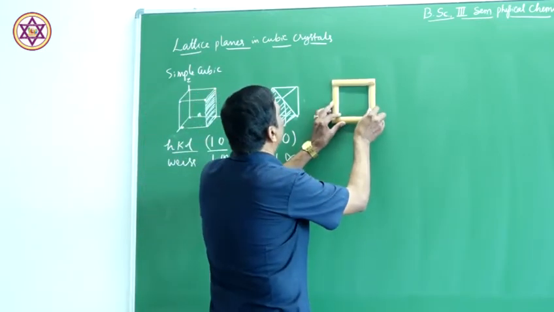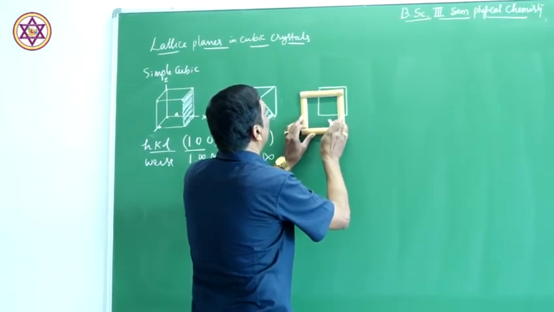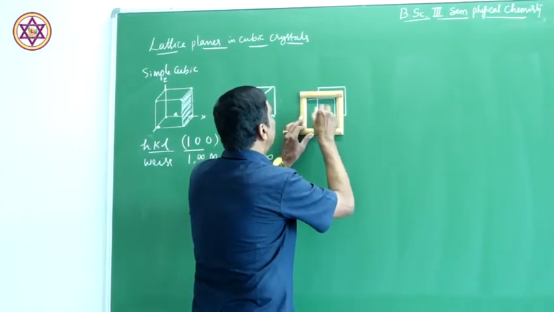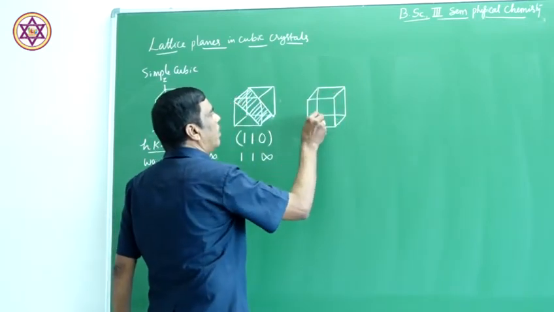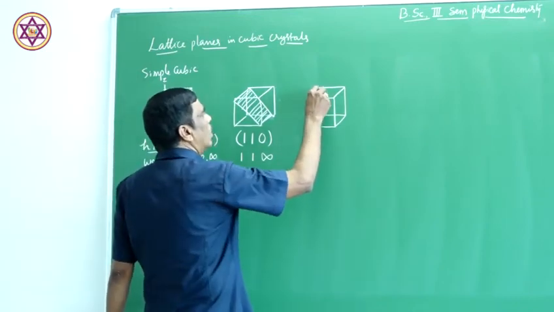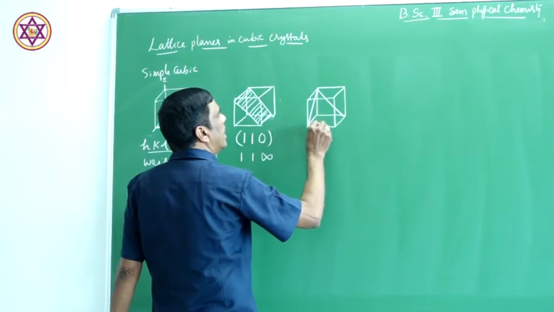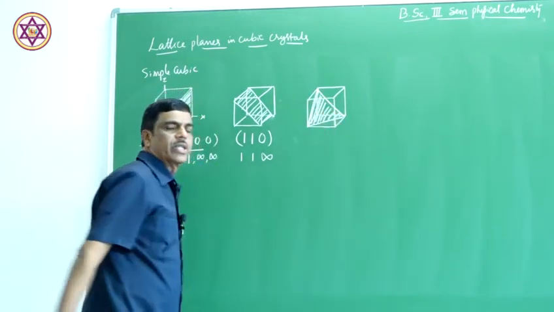One more plane we can write here. So, 3 planes in 3 different directions. This plane is represented like this: unit intercept in the x direction and unit intercept in the y direction.